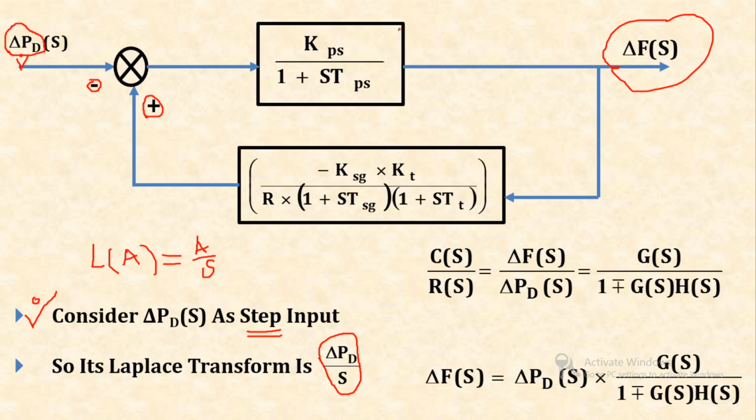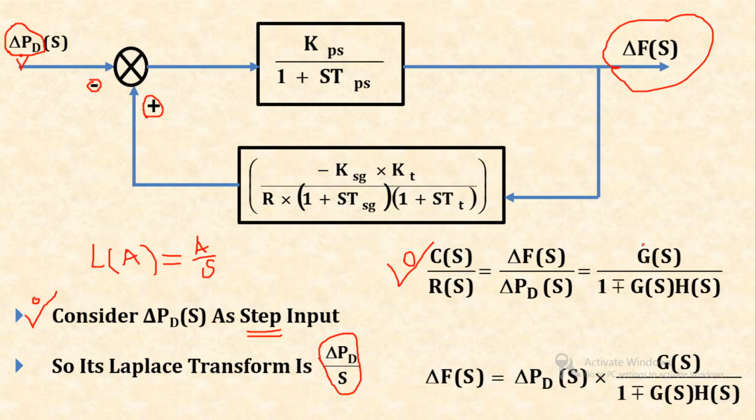Now to simplify this block diagram we are going to use the formula of C of S upon R of S is equal to G of S upon 1 minus plus G of S into H of S. This is the formula to find out the transfer function for a closed loop control system.